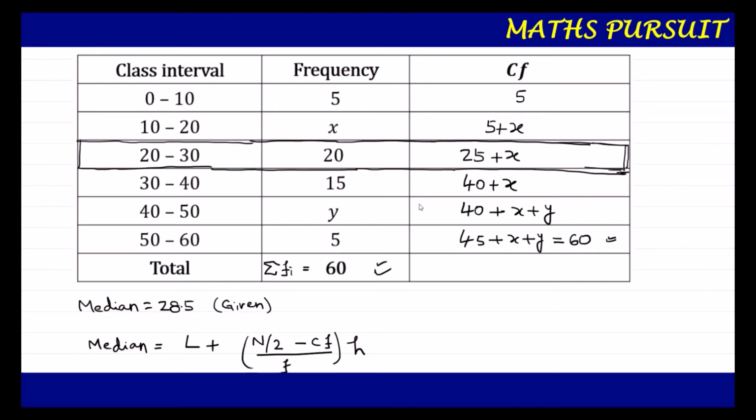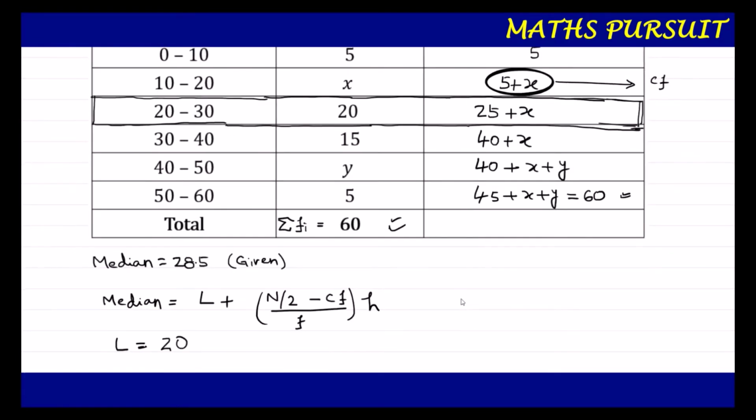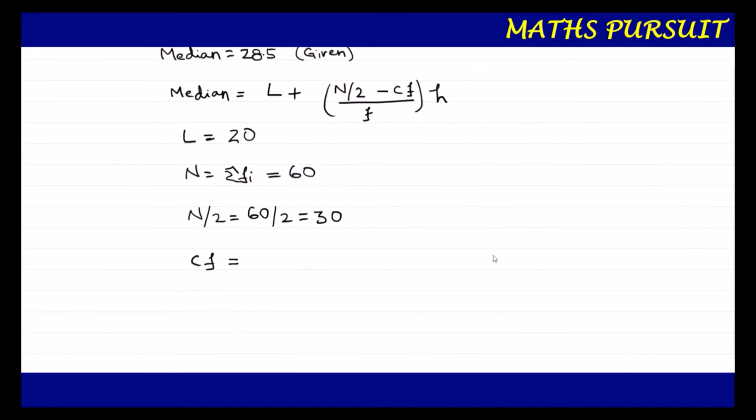That means the cumulative frequency is going to be 5 plus x. So our cumulative frequency here is 5 plus x. I can write CF is equal to 5 plus x.